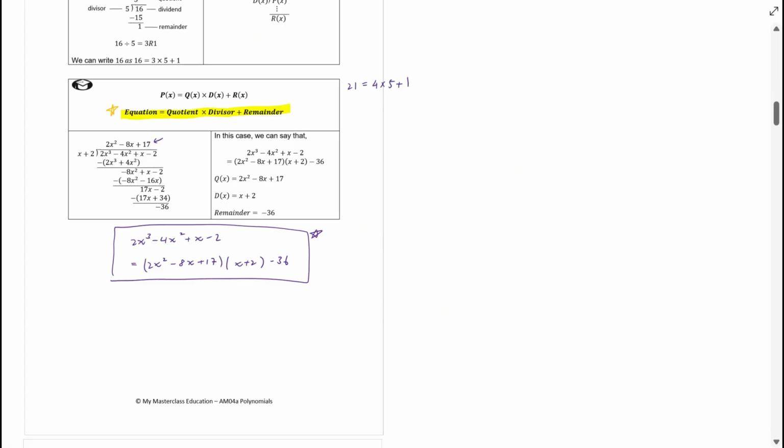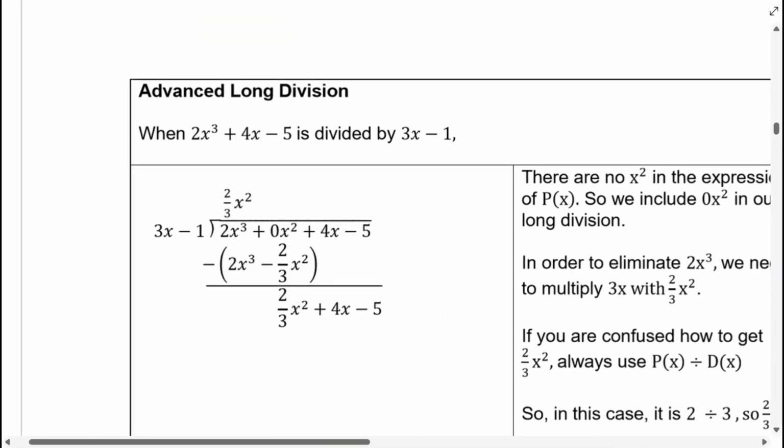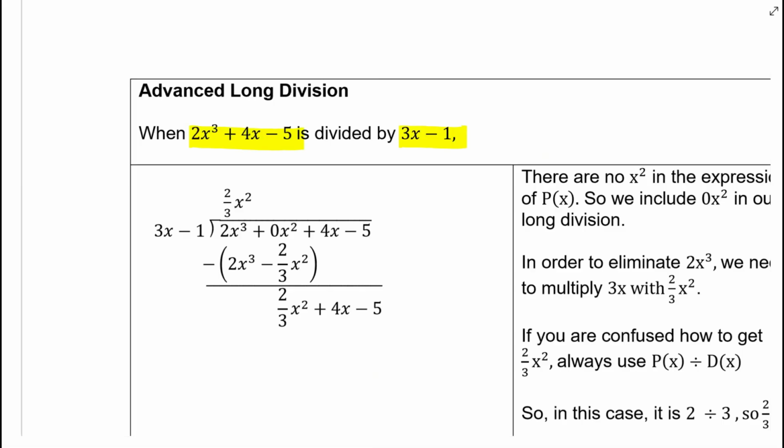Now moving on, let's try out a more advanced long division example. So we have our polynomial here and our divisor here. Now what can you observe about this polynomial? It has an x cubed term, x term, and a constant, but it doesn't have an x squared term.